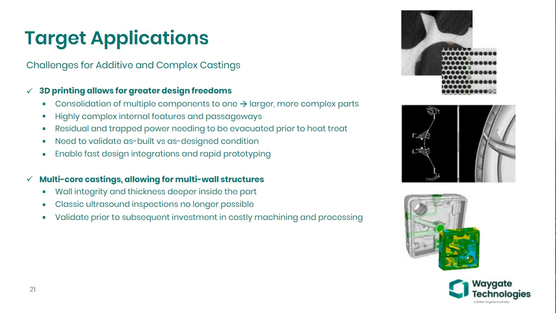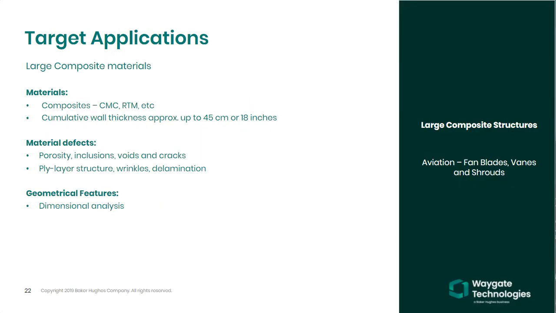And finally, the last one, which sometimes people don't think about as needing more energy, more material, is these large composites. There's a lot going on with innovations in composite technologies, going to CMCs, RTMs, making bigger components, looking for smaller characteristics. Even components that may have cumulative thicknesses, like the root of spanned blades at 18 inches, where we're looking at porosity, inclusions, ply structure layers, wrinkles, delamination, need to be looked at.